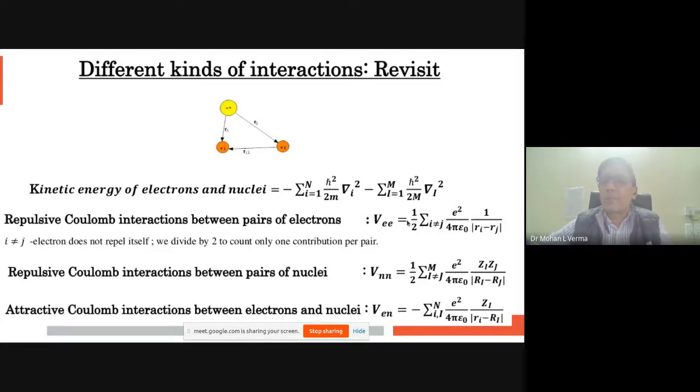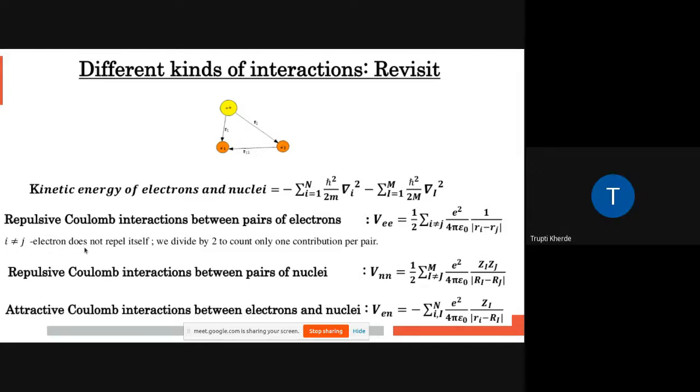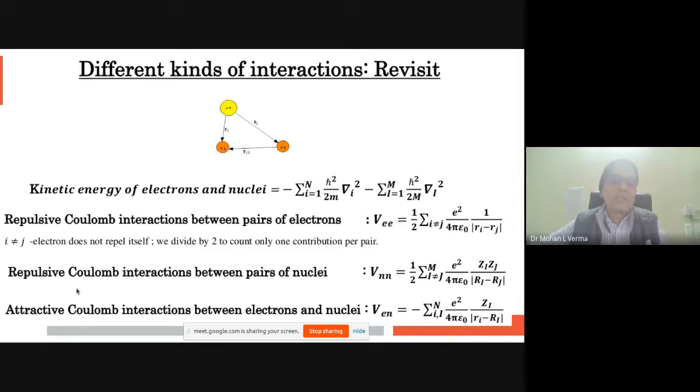This is represented by this relation, and this term is divided by half because i is not equivalent to j. An electron does not repel itself. And then there is the repulsive Coulomb interaction between pairs of nuclei, and the interaction between the electrons and nuclei. All these are given by different terms.